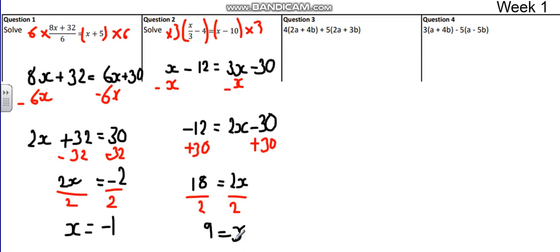Okay, again we can check that by putting it back in. So 9 over 3 is 3, and 3 subtract 4 is minus 1. We've got minus 1 on this side, and then on this side 9 subtract 10 is minus 1. So minus 1 equals minus 1, it works.